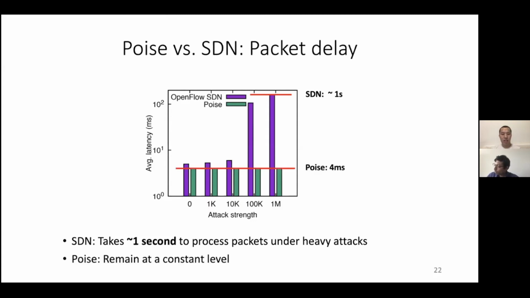But Poise remains constant. This is because Poise processes all the context changes completely in the hardware, and the performance is guaranteed because it's a pipeline hardware, which is totally different from general purpose software.